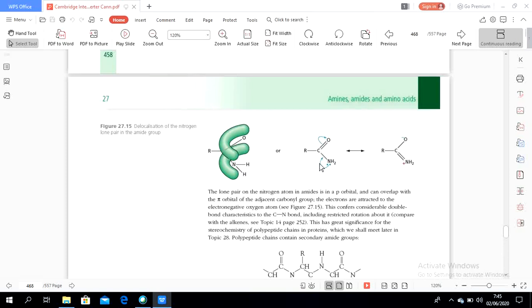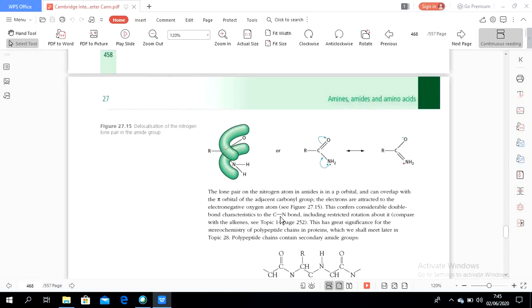This confers considerable double bond character to the C-N bond. Now, does it mean it has a double bond?